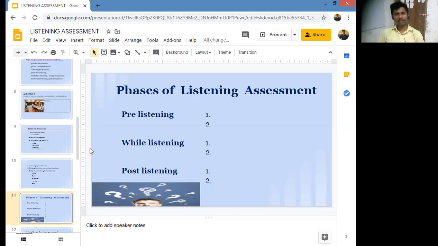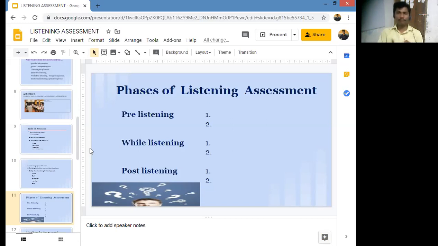My friends, while listening, what should we do? We should focus on the pace. We should focus on the voice quality. We must have clear pronunciation. We should have the intonation pattern. Again, these would all be the do's.